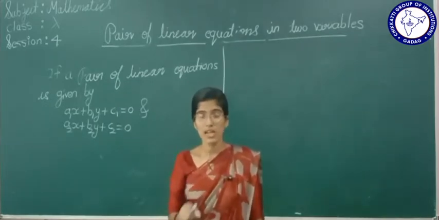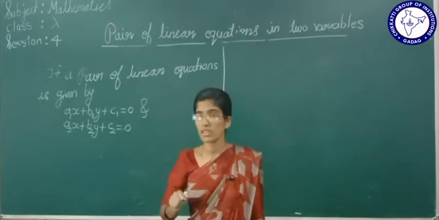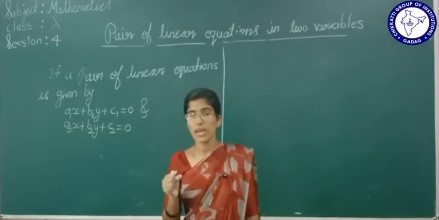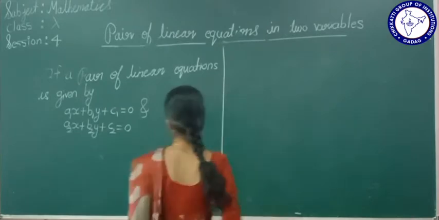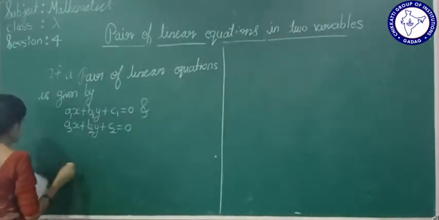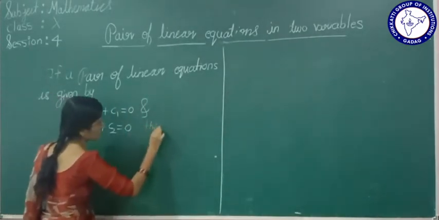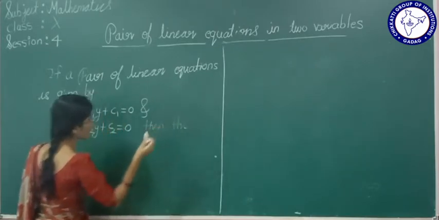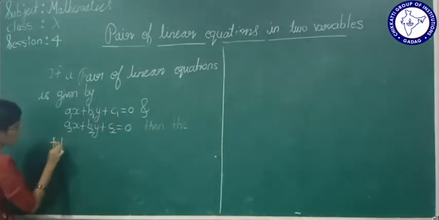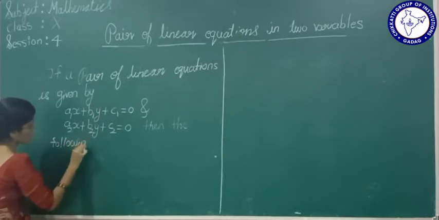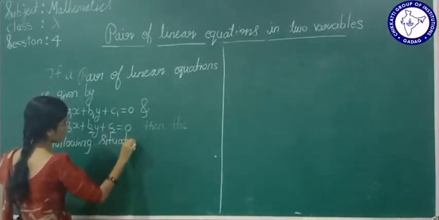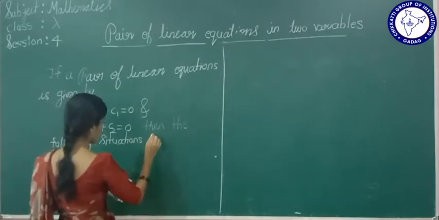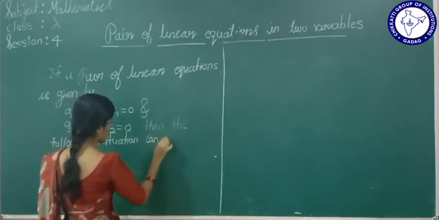Without drawing a graph we can tell whether the lines are coincident, parallel or intersecting. Then the following situations can arise.